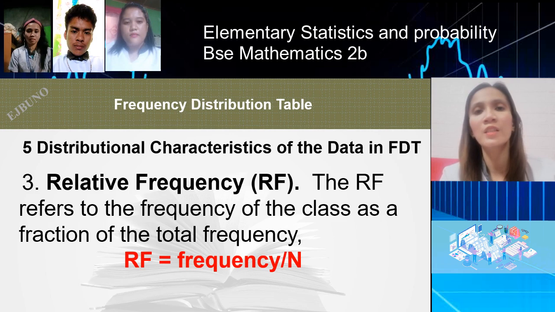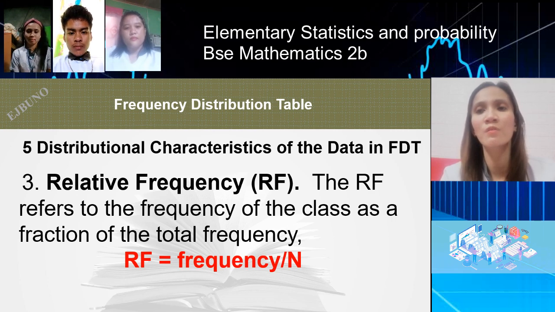The third is the relative frequency or RF. The relative frequency refers to the frequency of the class as a fraction of the total frequency, wherein the formula is relative frequency is equal to frequency divided by the total number of frequencies.